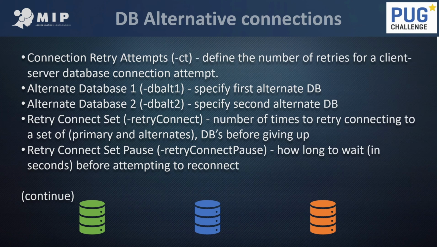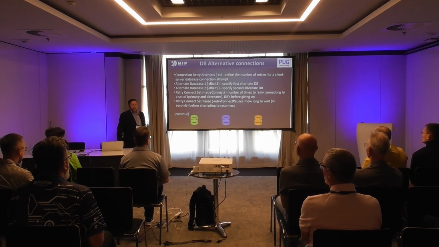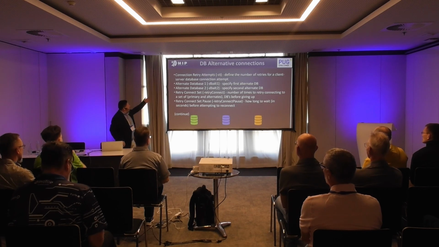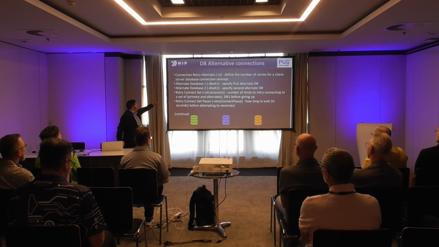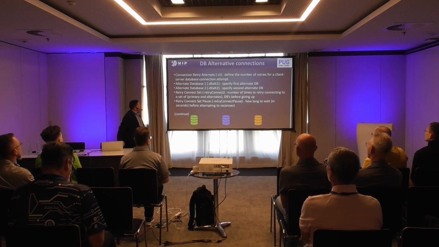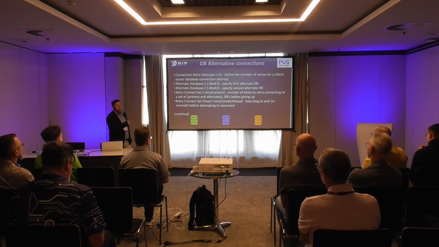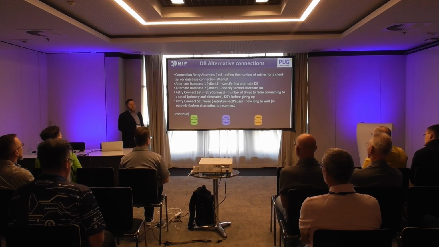The -CT says how many retries I need to try on this database before I move on to the next database in that list. Then you specify the first alternative database, the second alternative, and the number of retries connecting to the DBs before it gives up.